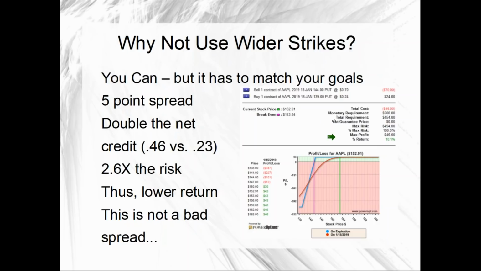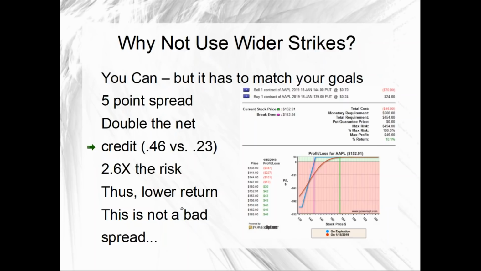Because at the end, we still want to see a good return. In this case, we have the same probability, 85% delta of 0.13, but the return is lower because the risk increase is higher than the increase in the net credit.